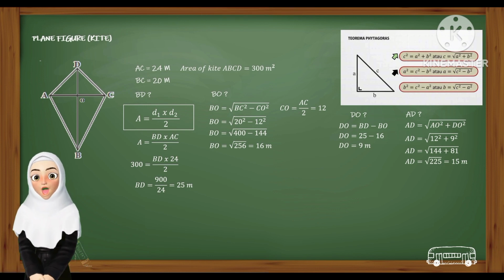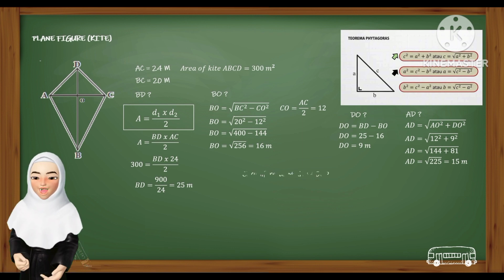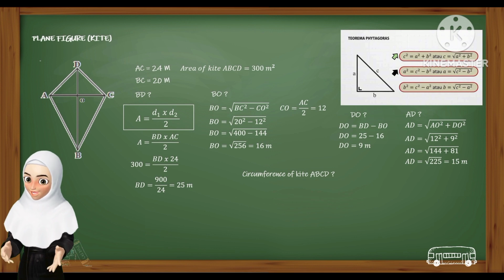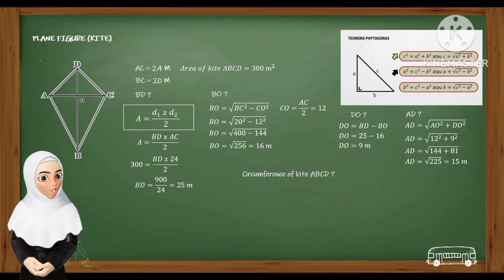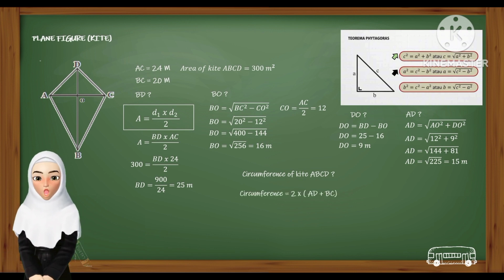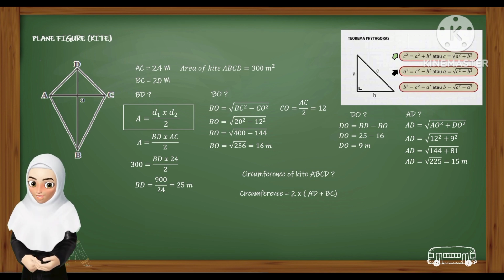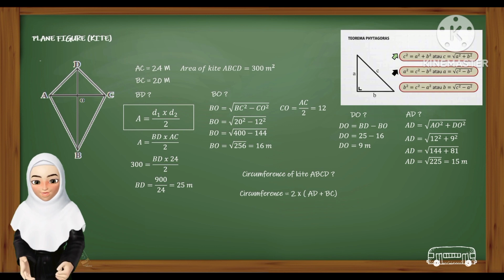In the last step, we can find the circumference of kite ABCD by adding up all the sides of the kite. Or we can simply say that the circumference of the kite is 2 times the length of side AD plus the length of side BC. We substitute the values in.